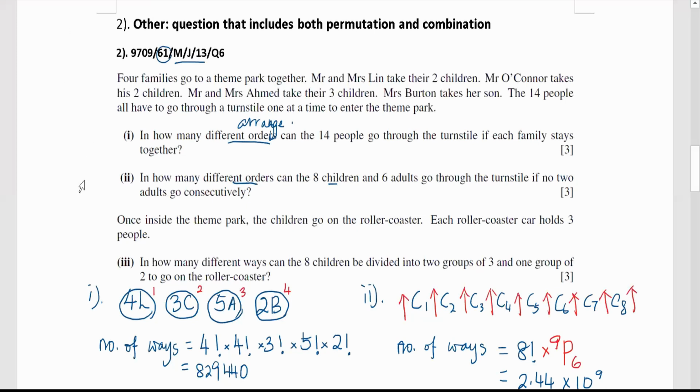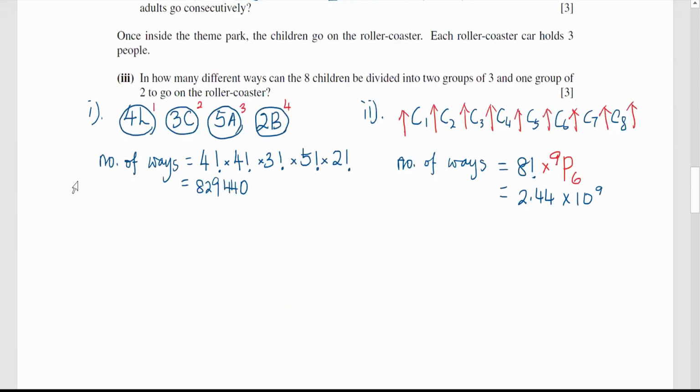And now we have a look at part 3. Okay, once inside the theme park, the children go on the roller coaster. Each roller coaster car holds 3 people. Part 3, in how many different ways can the 8 children be divided into 2 groups of 3 and 1 group of 2 to go on the roller coaster?